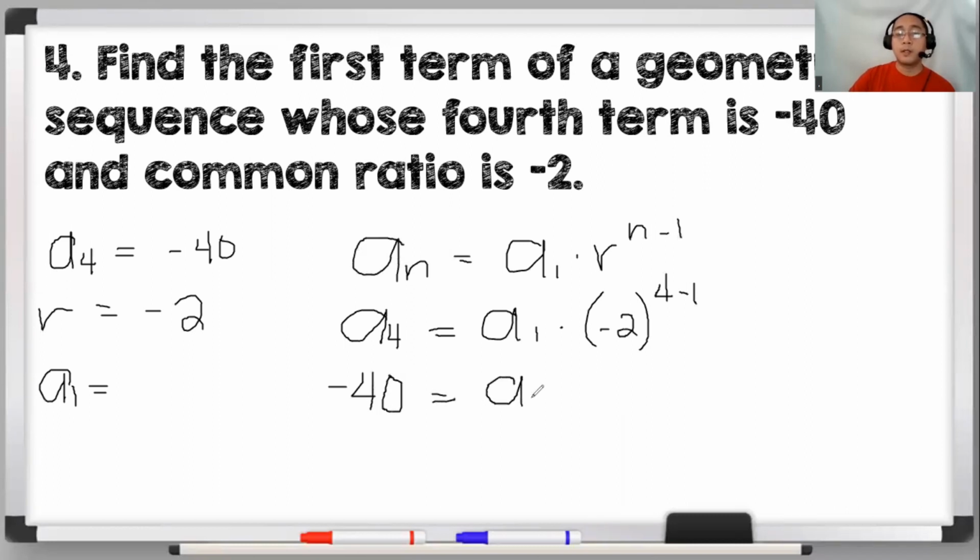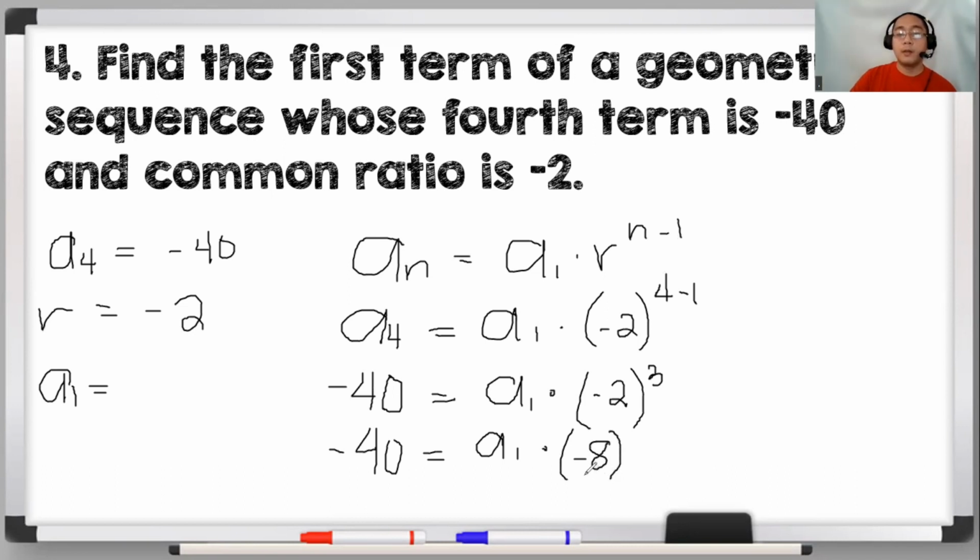Then let us try to operate now the exponent. So 4 minus 1 is 3. Then let us extract the exponent here. So we have negative 2 times negative 2 times negative 2 results to negative 8.